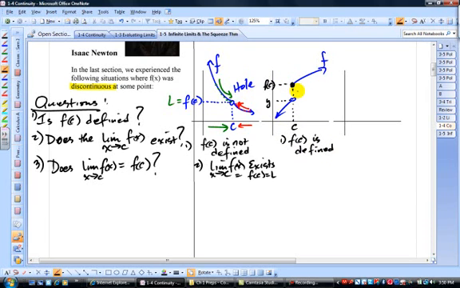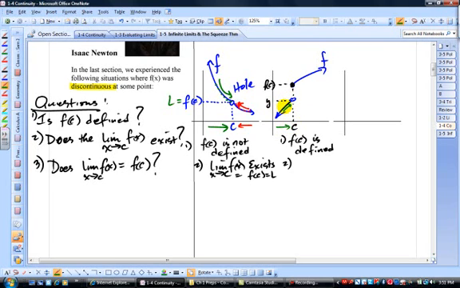The limit, however, fails to exist because the left and right hand limits are different. So let's take a look at that. What we're going to do is take a look at the limit from the left first. As we go in from the left of c, the function's values are approaching y.